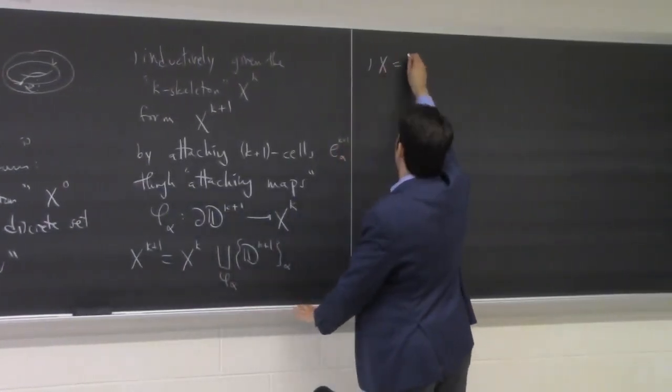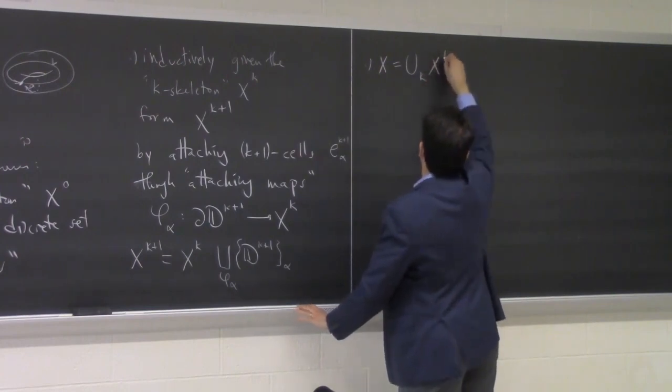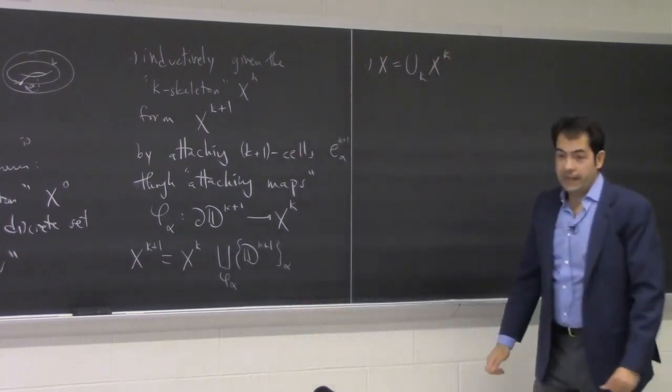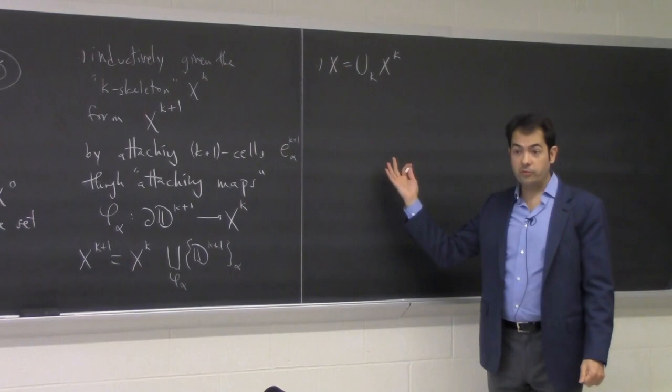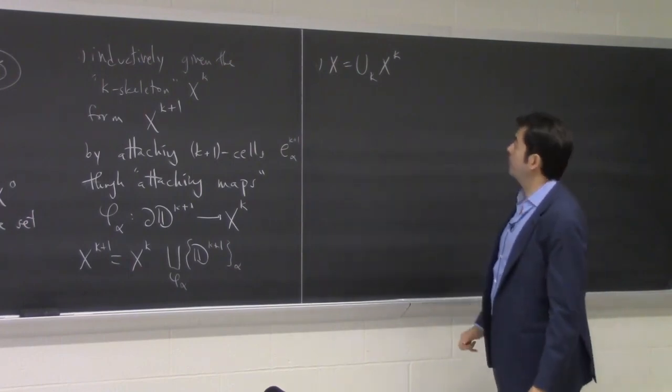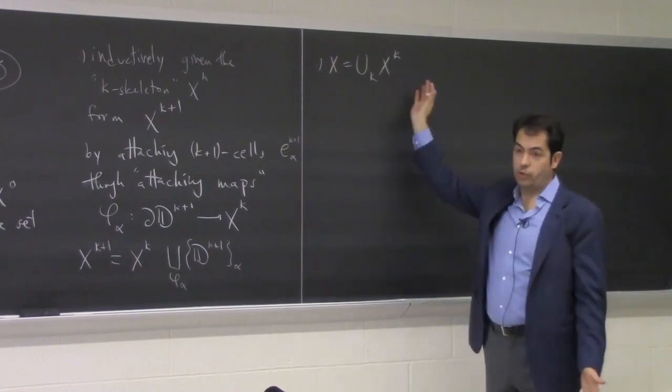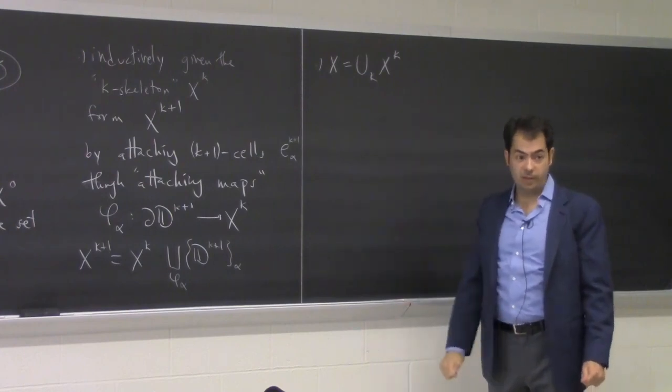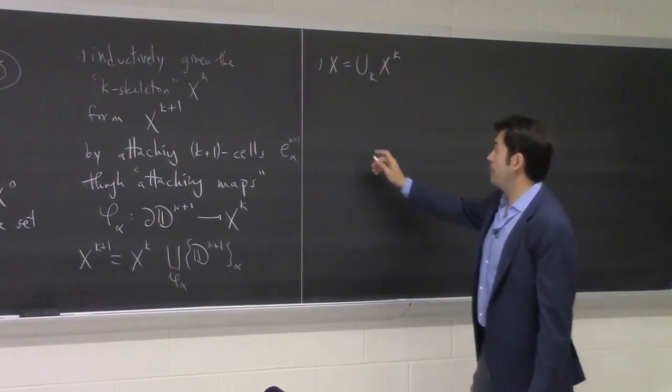Okay, so X is then the union over all of these. And we might have infinitely many cells, in which case you could worry, and we could have infinite dimension going on here. There's no reason why it has to stop. And so you could worry about the topology.